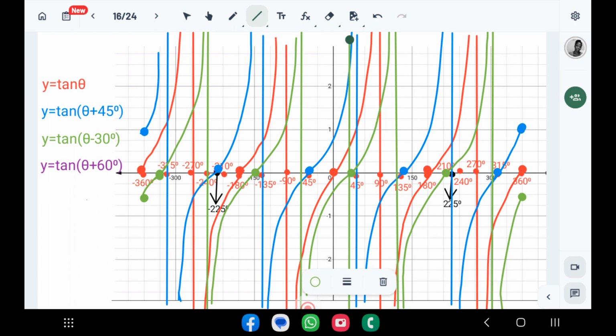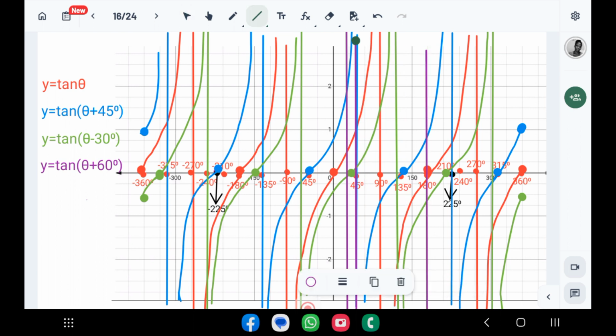Let's draw that there. Okay, let's change color. Now let's duplicate this. All right, now we're going to have to take, okay, let's see. So that was shifted 60 to the left. This one will also be shifted 60 to the left.